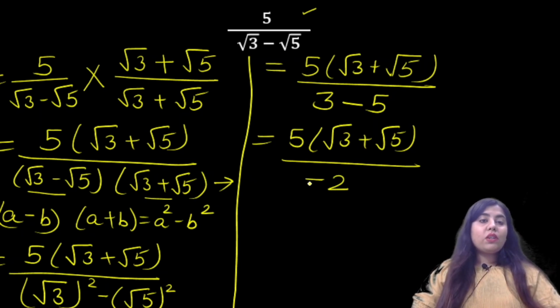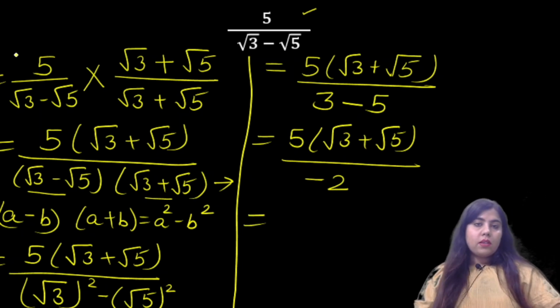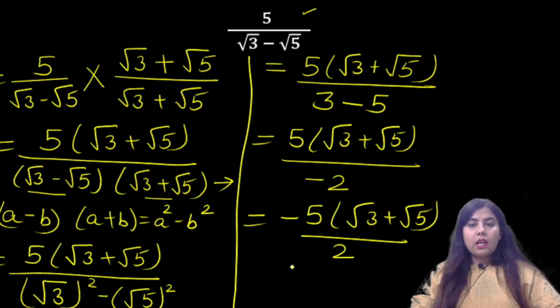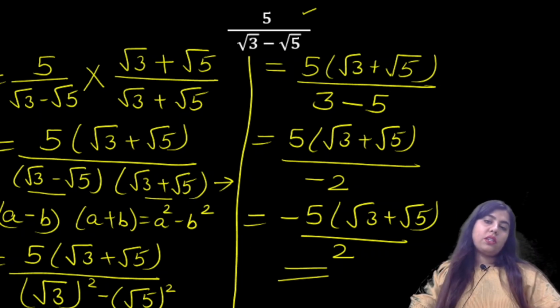And also we know that we can take this negative sign from the denominator to the numerator. So it is equal to minus 5 into root 3 plus root 5 by 2. So it is our answer after rationalization. Clear?